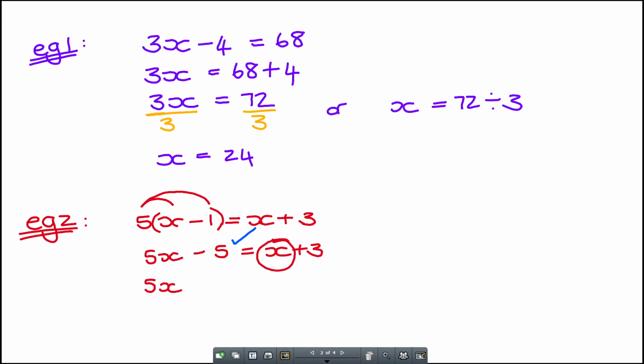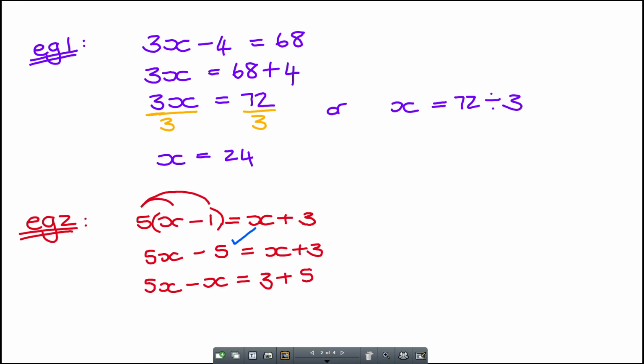This x moves over, so it becomes minus x. We want normal numbers on the right. 3 was already on the right, so that stays 3. Then this minus 5, I want to move over. What will that become? Plus 5.